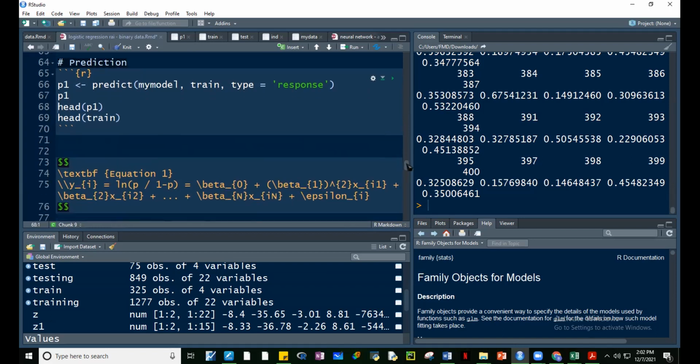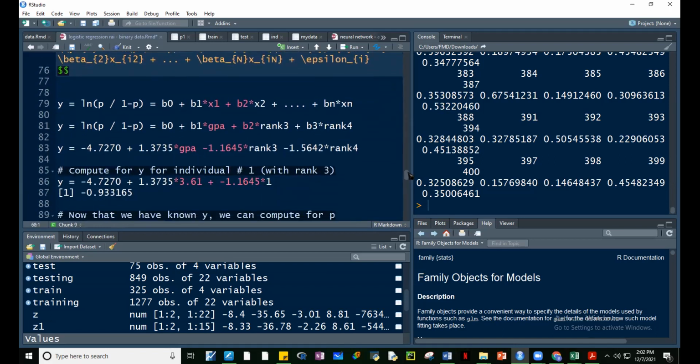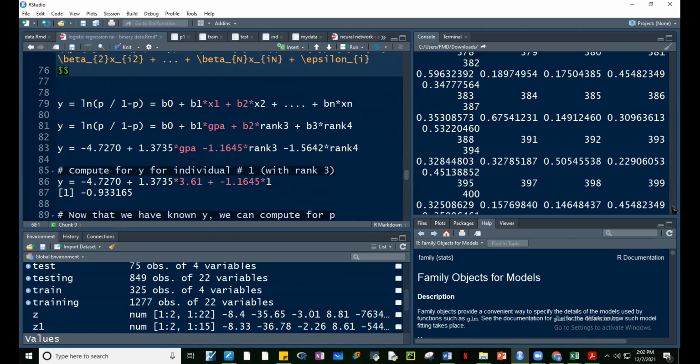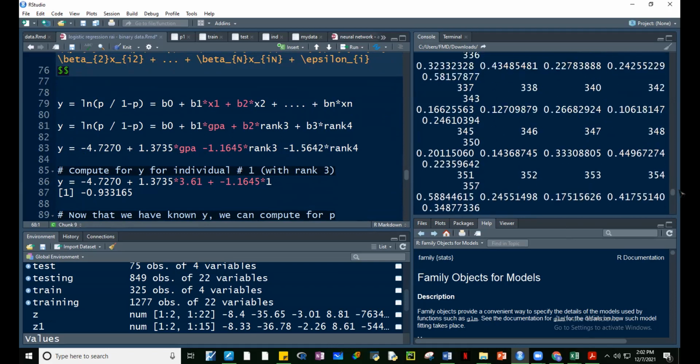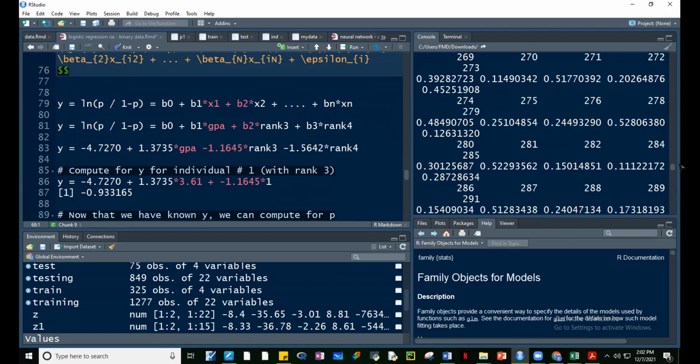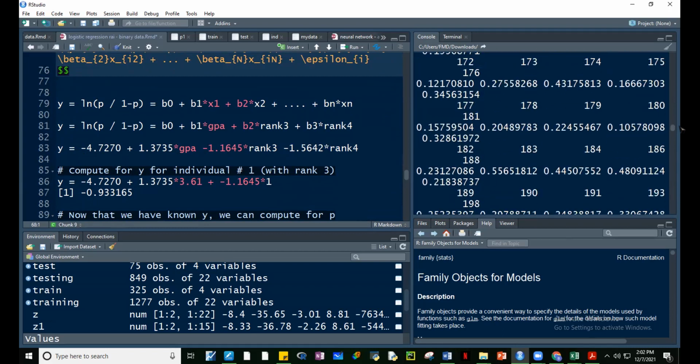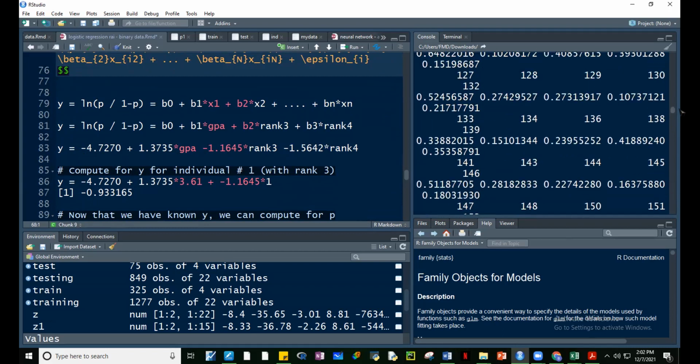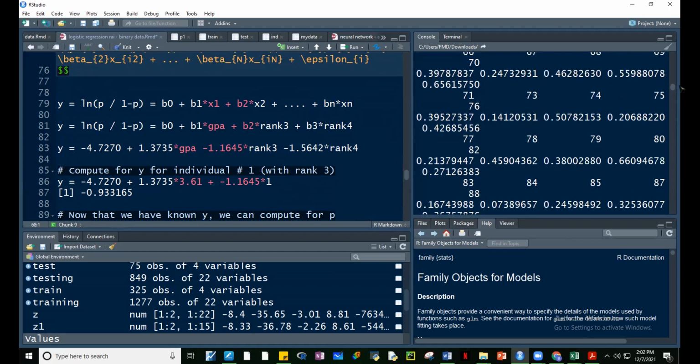Okay, sige, let me recheck this, guys, no? Rank 3. Hindi ko na sinama yung rank 2 dito. It should still be okay. Guys, can you see where I made a mistake? Karahan ko lang to sa isang section eh.